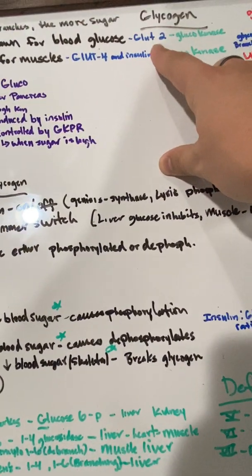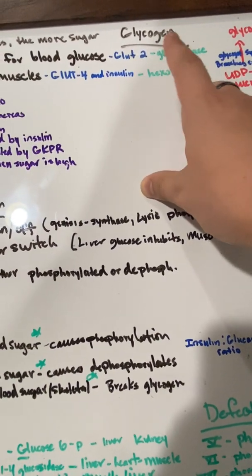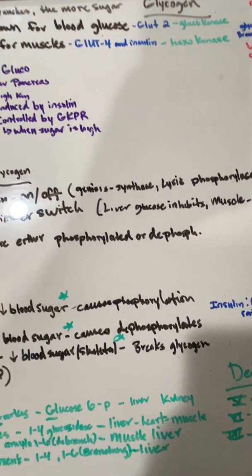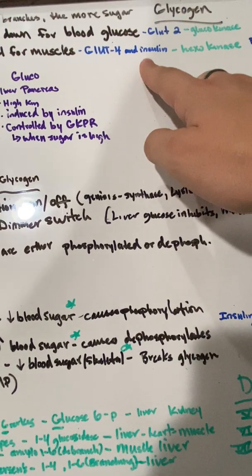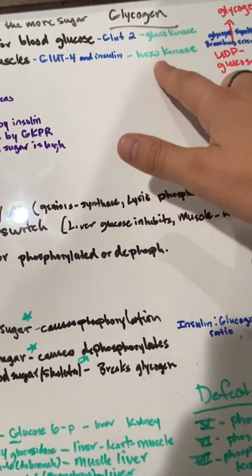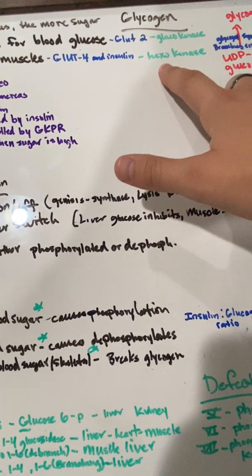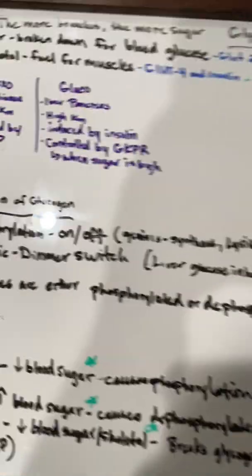In the liver, it has the GLUT2 transporter, which is bidirectional, which we've talked about, and also has glucokinase. And for the skeletal muscle, it has the GLUT4 and also insulin, and it has hexokinase. The way I think of hexo is hexo like flex, and when you flex your muscles, so that's why.